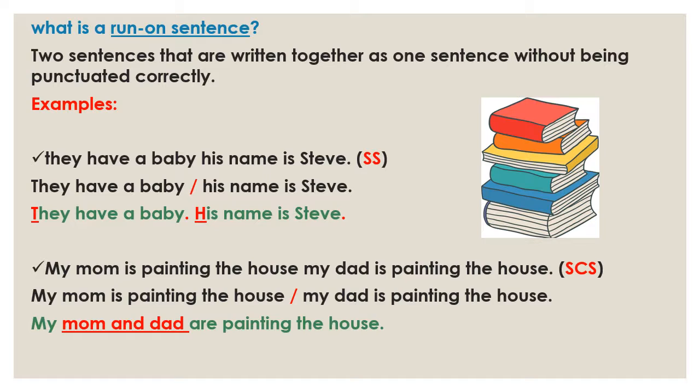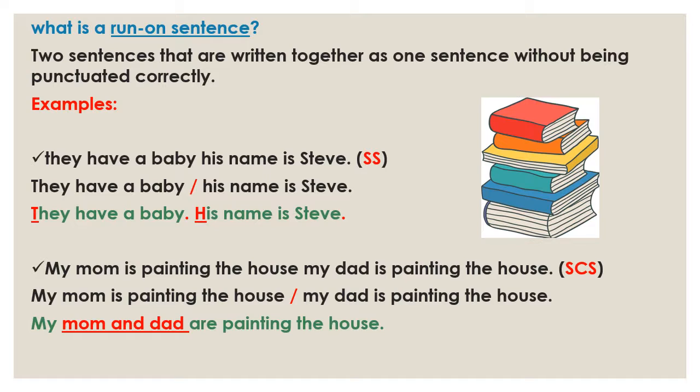I'm going to say my mom and dad are painting the house because literally you have the same verb in both sentences. So what you're going to do here is put two subjects together to make a compound subject, just like the way they're asking from you. And you're going to change it into this.